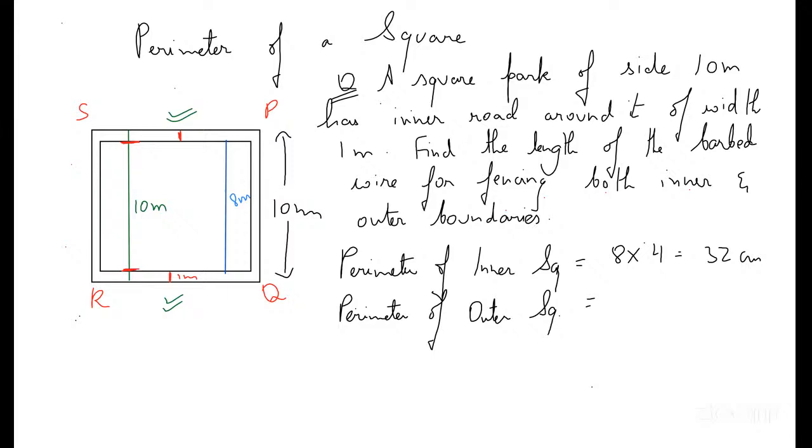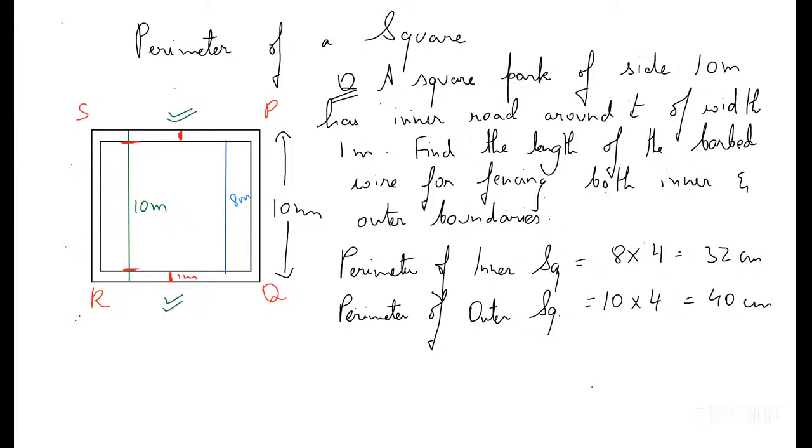Okay, see, Anaya, 1 meter is here, but it is covering all four sides. So 1 meter we will deduct from both the sides. Yes, I got it. Now the outer square is 10 into 4, 40 meter.